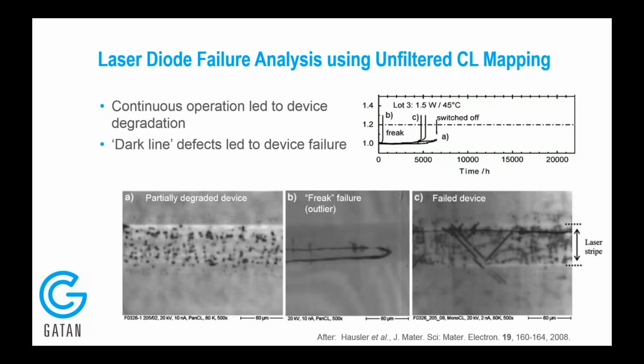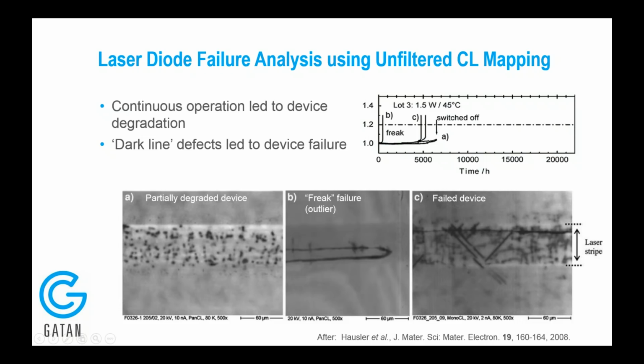So not only can you use CL when you're at the material stage before you build devices, but you can also use it to monitor and watch the evolution of device failure. So here we have a laser stripe and 3 different lasers that have been turned on for some period of time and then analyzed when they show a failure.